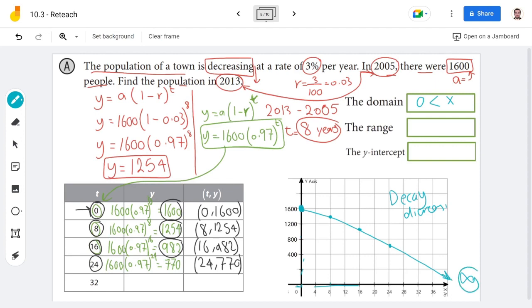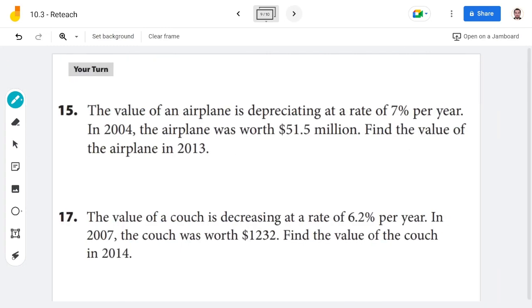It goes forever, so from negative infinity to the highest point, which is 1600. Then what's the y-intercept? The y-intercept is y equal to 1600. So this is the decay function. I hope you understand this. If you have any questions, you can ask me.